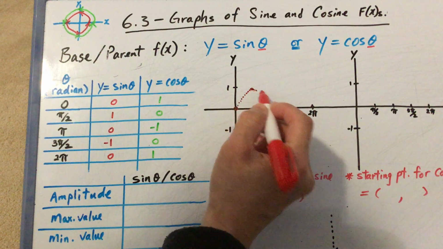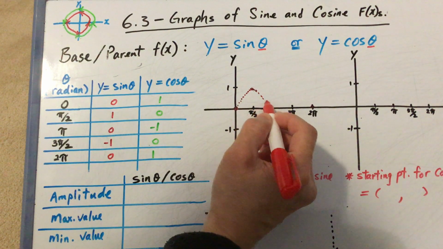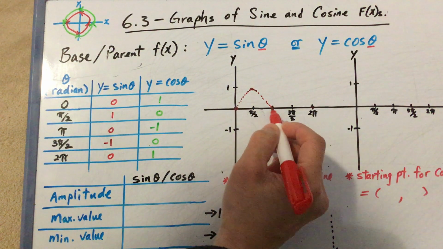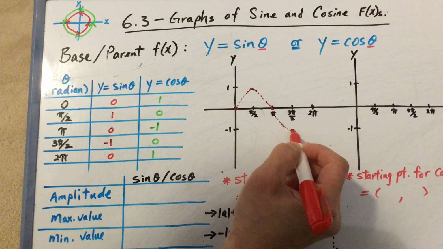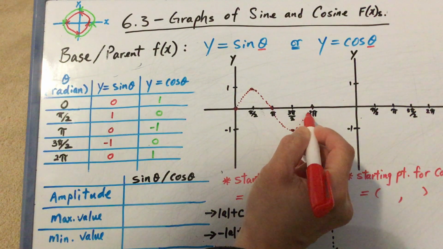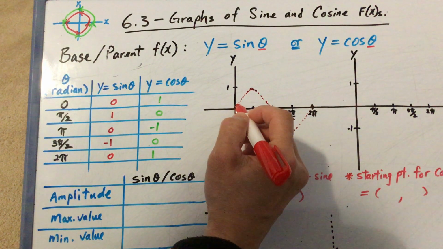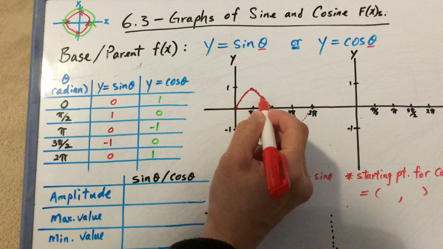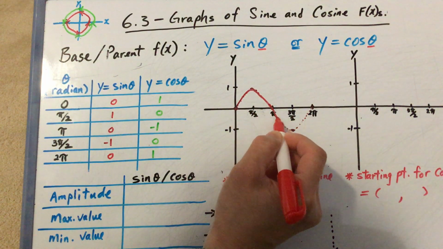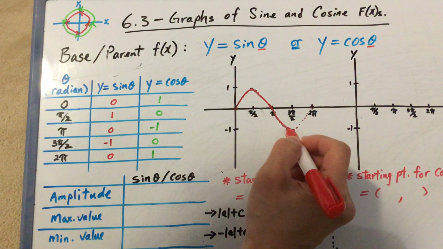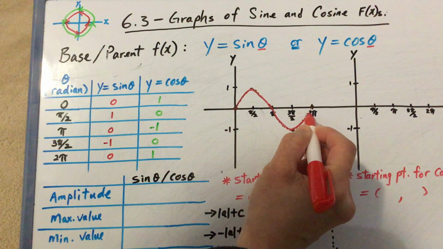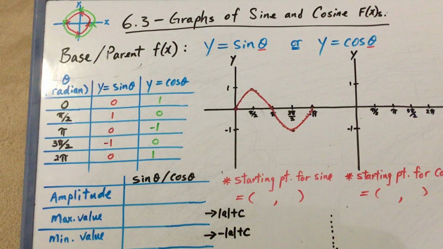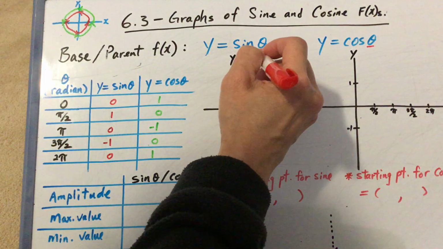Okay, so the graph of the sine, if you join them with a smooth curve, this is one complete cycle of sine theta.